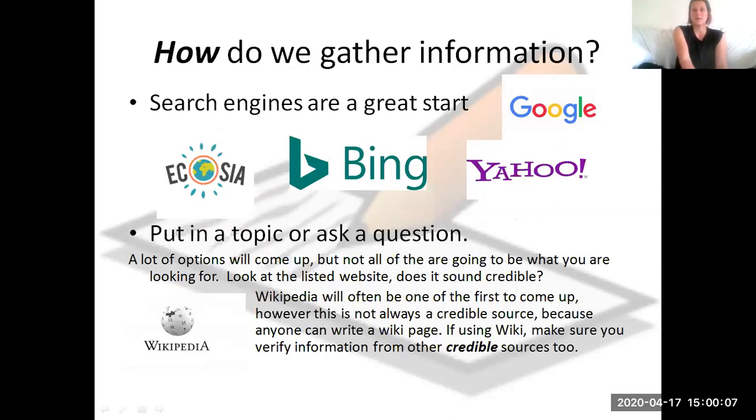Okay. So where do we start with gathering information? Search engines are an amazing way to start. These are just some graphics of a few. Google is my go-to. I think it's the most used search engine in the world. However, Ecosia, I'm not exactly sure how to say it, is a green search engine. So for every search, they plant a certain amount of trees.